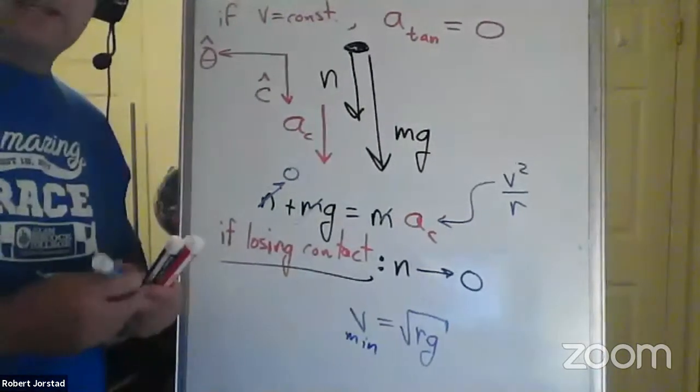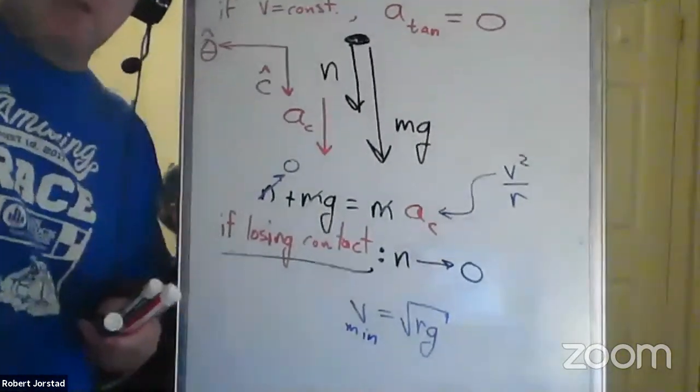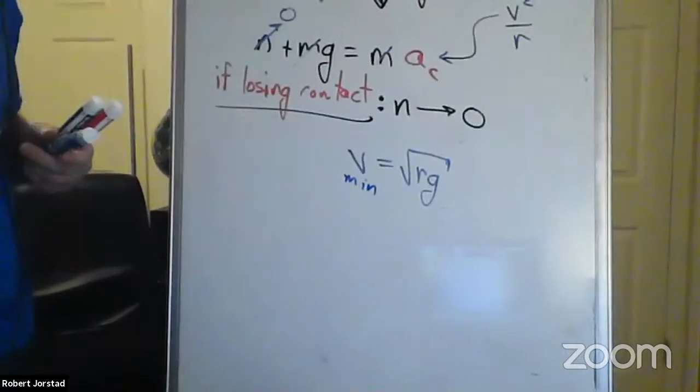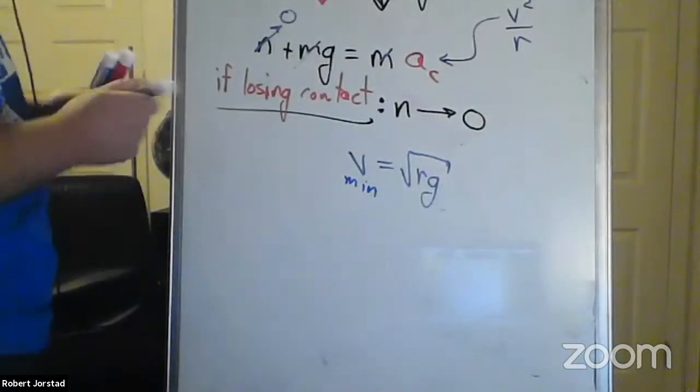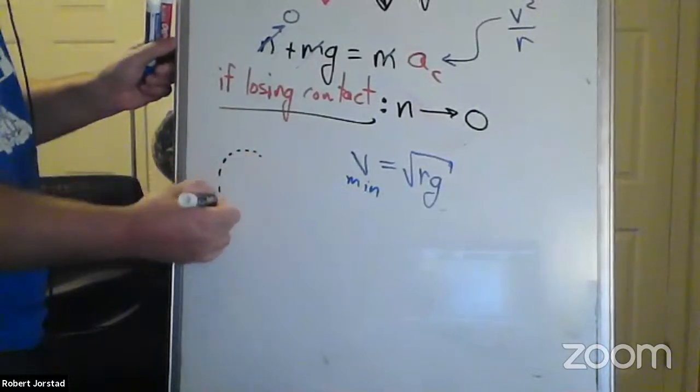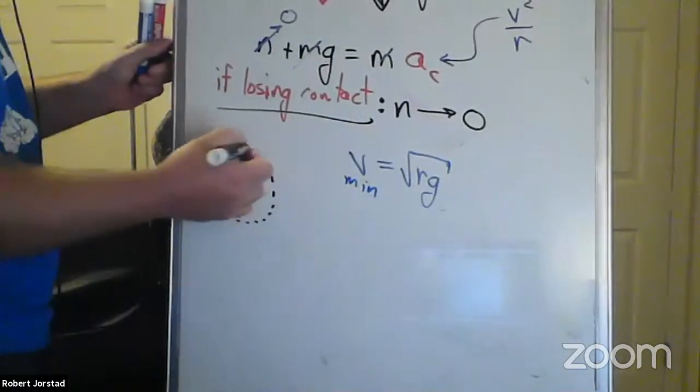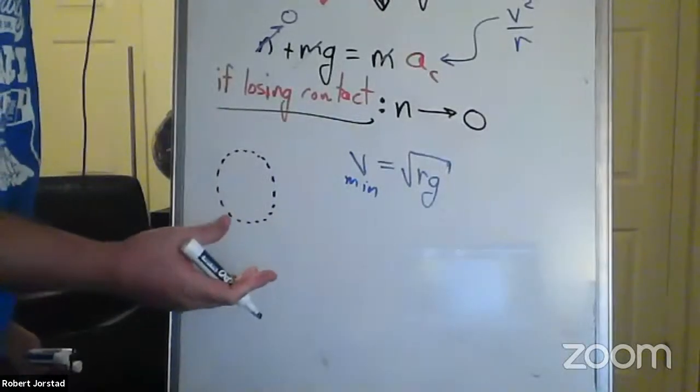Now, very common in these problems is we then say, well, what's the period associated with this? How do you get period? Does anybody remember? Let's use distance equals rate times time.